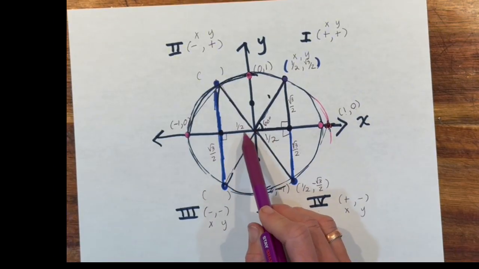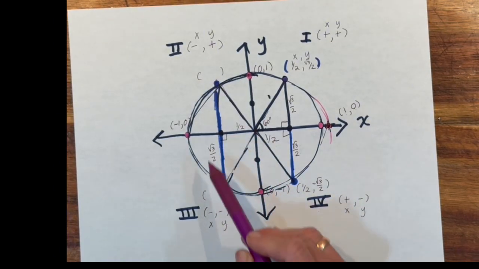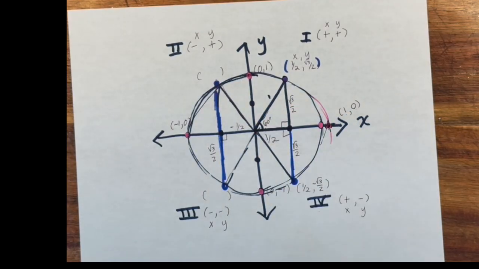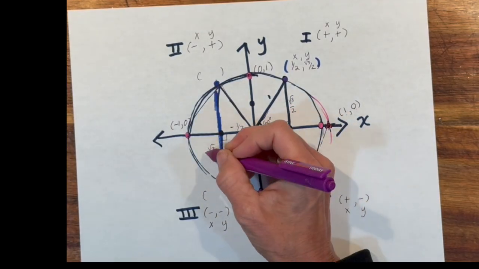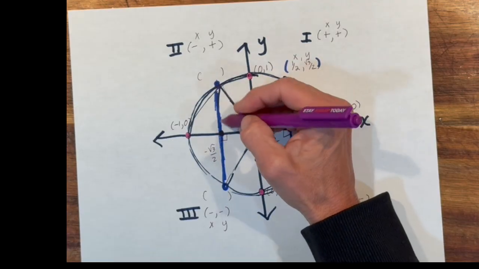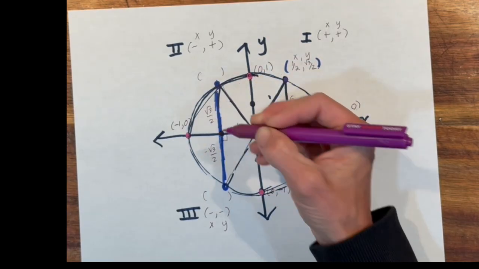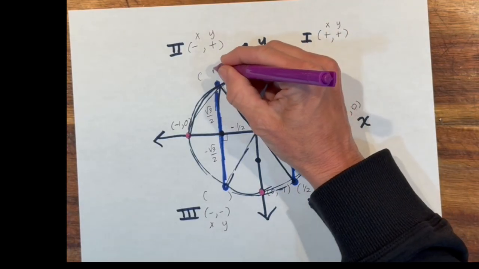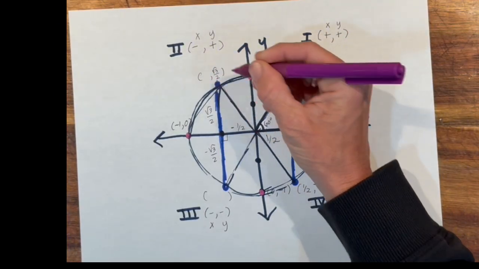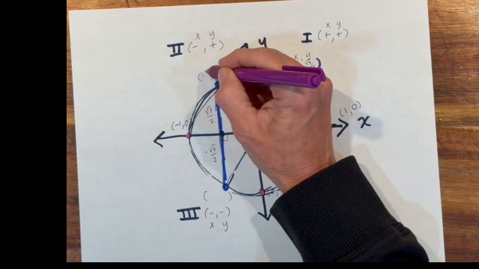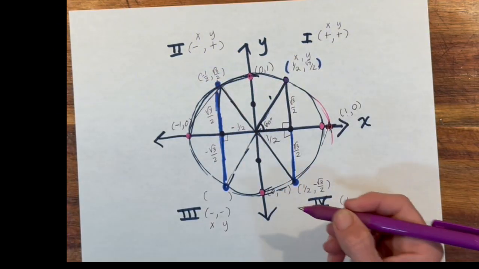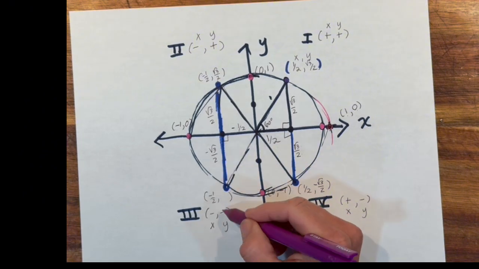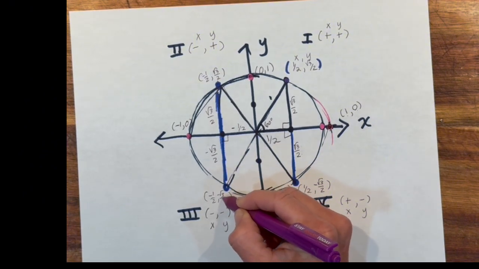Here, this is half, but again, we're going in the negative direction for x, so this is actually negative half. This rad 3 over 2 is negative, but this rad 3 over 2 is positive because it's above the x-axis. So this one's rad 3 over 2. And this is the negative 1/2. This one is negative 1/2. And this one is, again, negative rad 3 over 2.